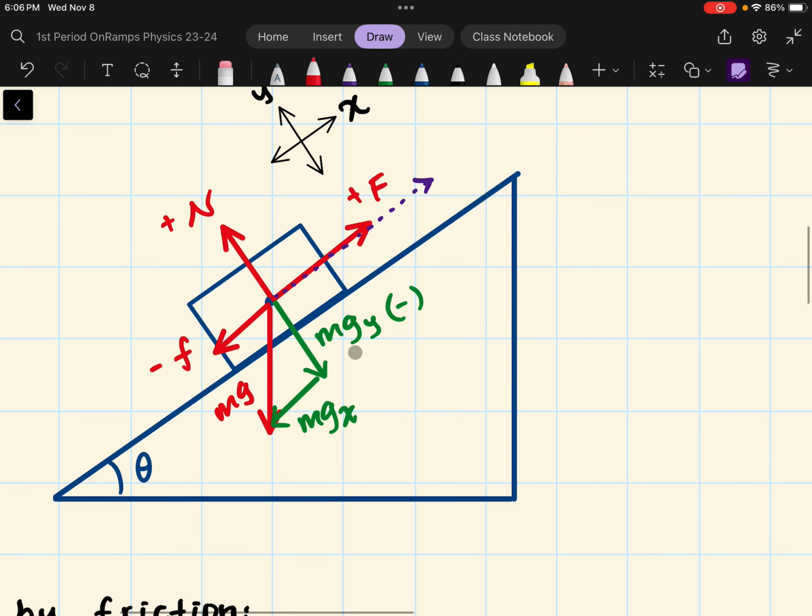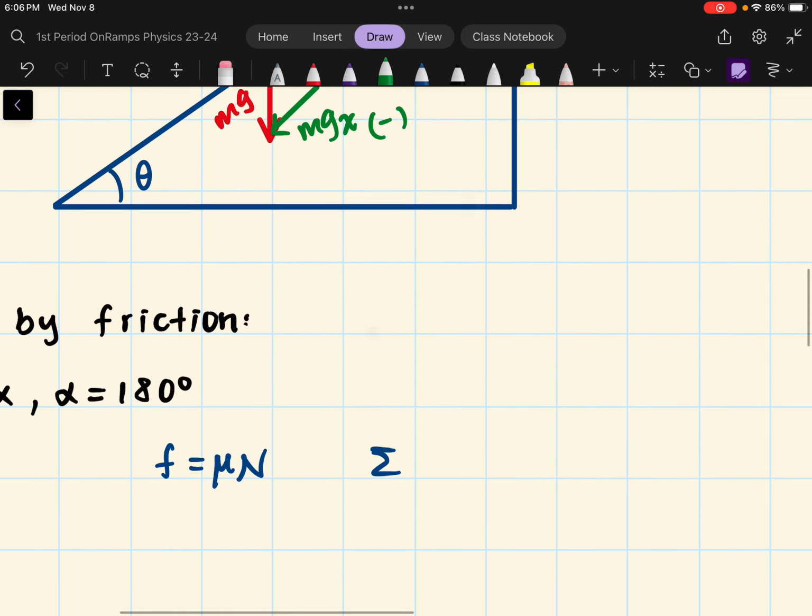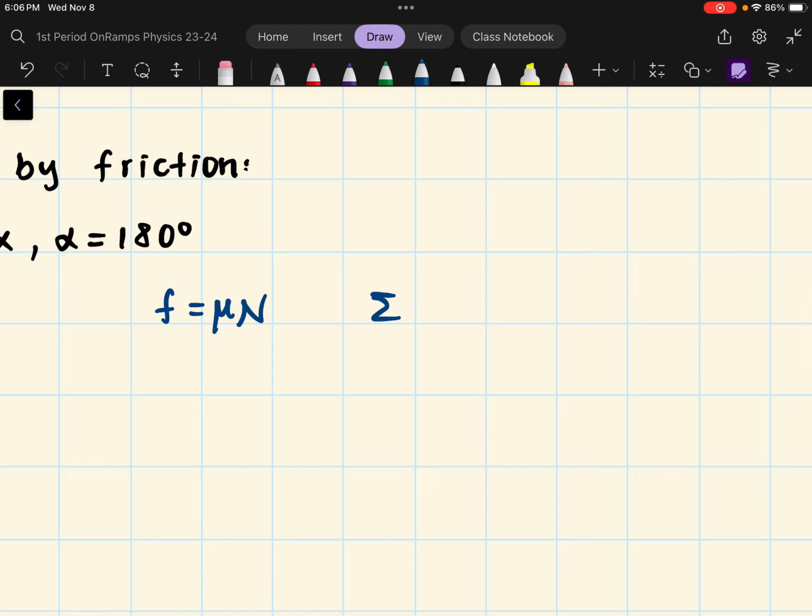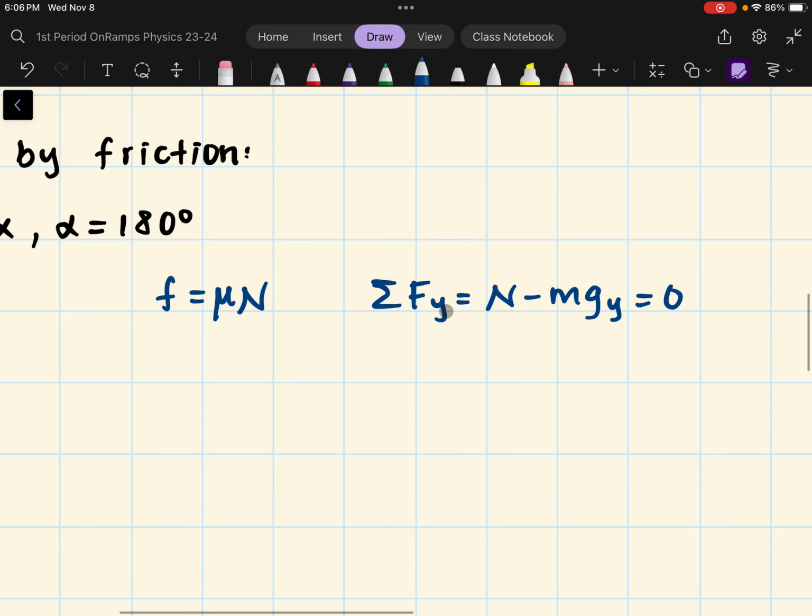And this is also pointing down the incline, so this one will also be negative. Okay, so let's apply Newton's second law along the y direction. Just two forces. That's simple. So the sum of the forces along y is equal to normal force minus the y component of the weight. That's equal to 0. There's no acceleration along the y direction.